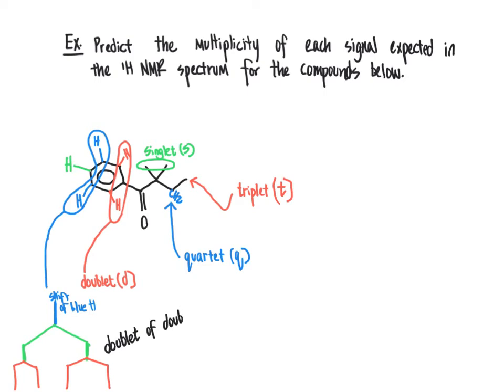Because of the fact that we have 2 vicinal hydrogens and those 2 vicinal hydrogens are not in the exact same chemical environment, they're in different environments, and so they each individually split the signal into a doublet looking to the green signal and another doublet looking to the red signal to create this doublet of doublets pattern. So it's going to be a grand total of 4 signals, which would show up in the spectrum as 4 signals of equivalent height.